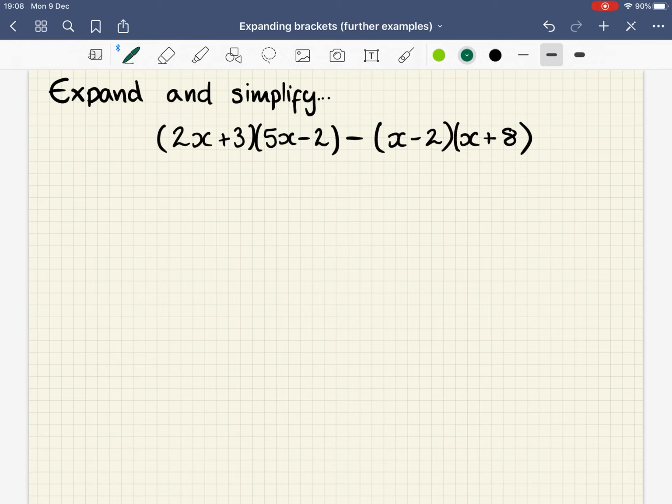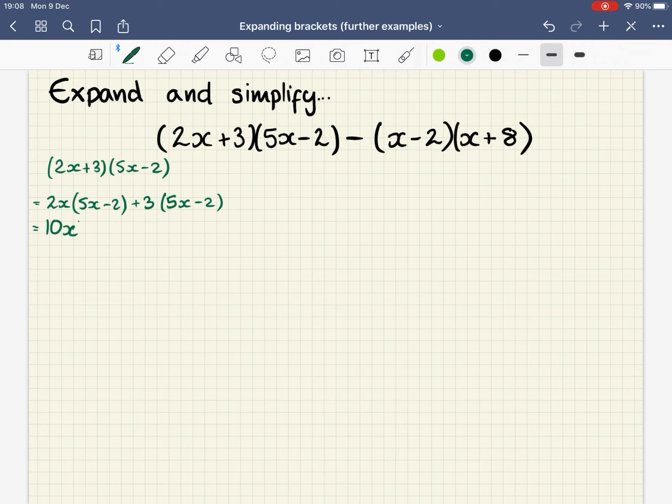So again, I'm going to expand those brackets out. I'm first going to focus on the 2x plus 3 and the 5x minus 2. So I've got 2x plus 3, 5x minus 2. So the 2x times the 5x, 2 times the 5 gives me 10.